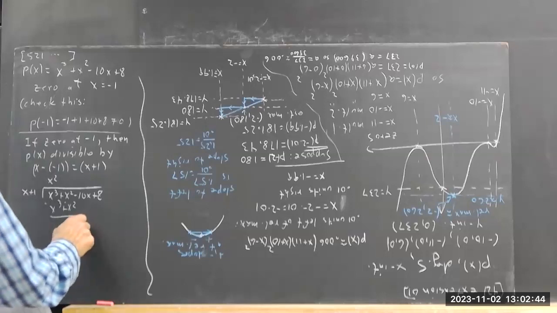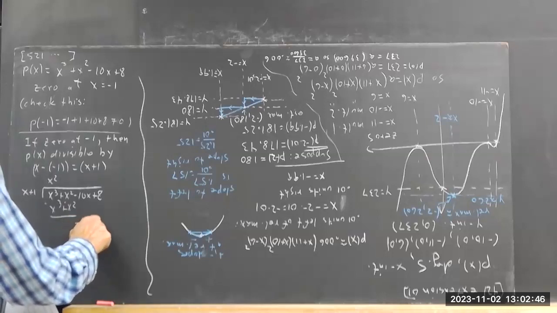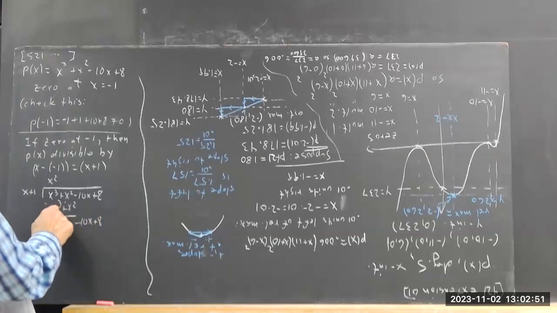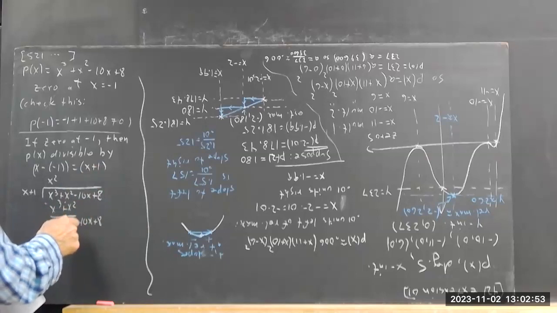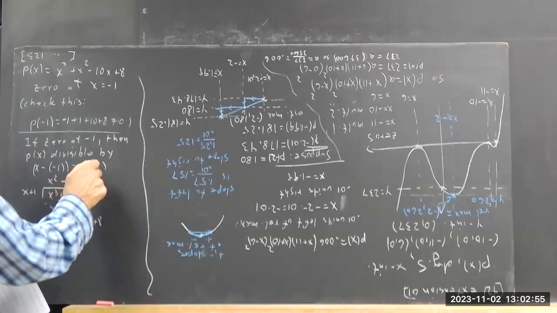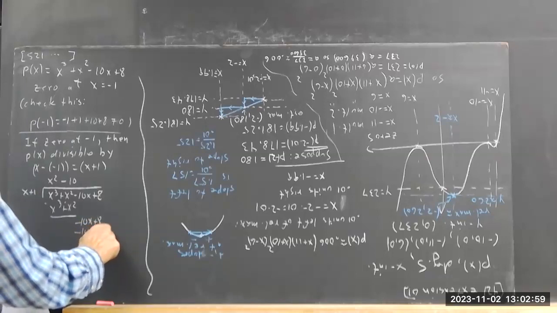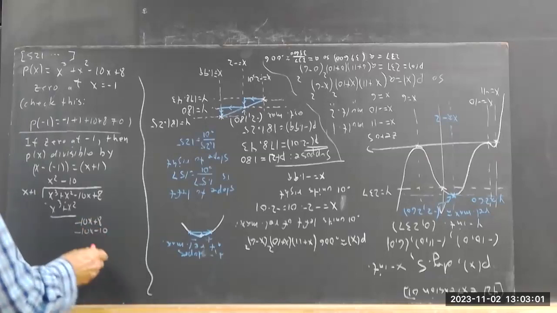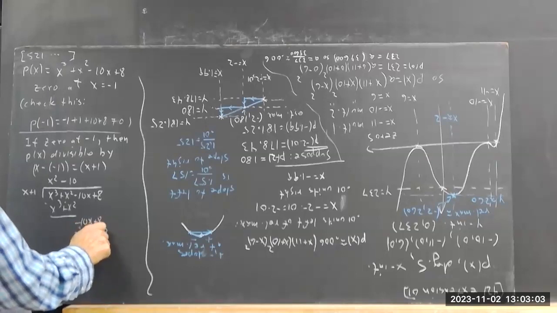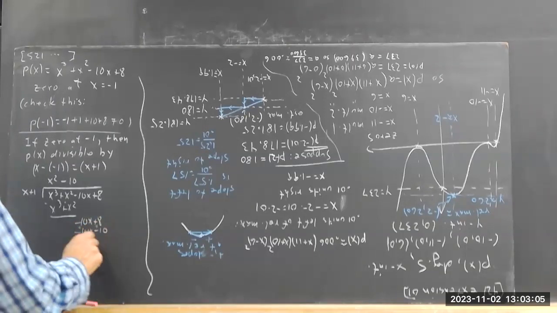And we get -10X plus 8. We get zeros here. And we get then -10X minus 10. That's going to be added. That's going to be added.